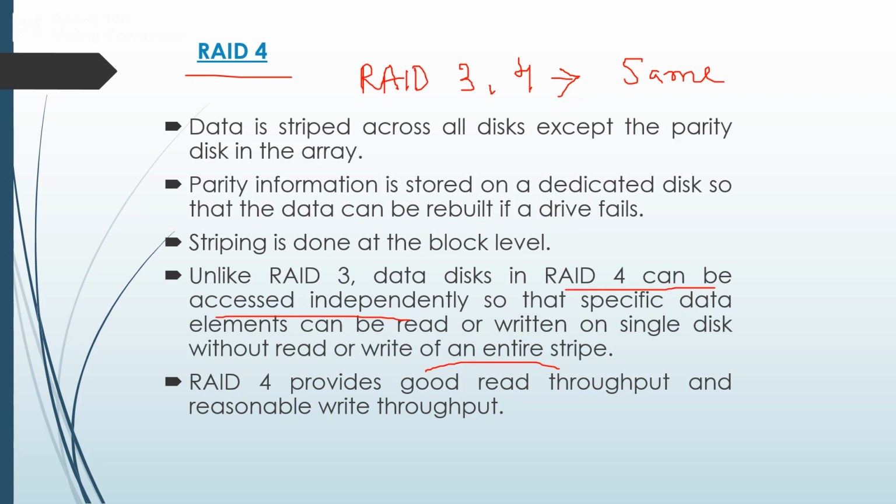It is not mandatory that the data need to be completely written into an entire strip. That is the additional advantage of RAID 4 compared with RAID 3. RAID 4 provides good read throughput and reasonable write throughput.